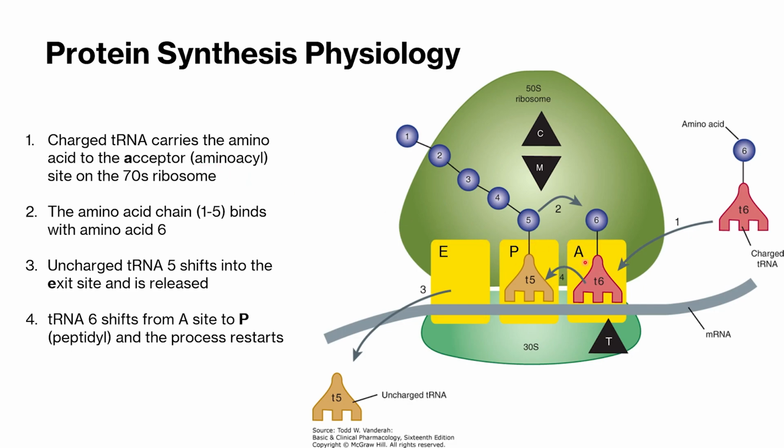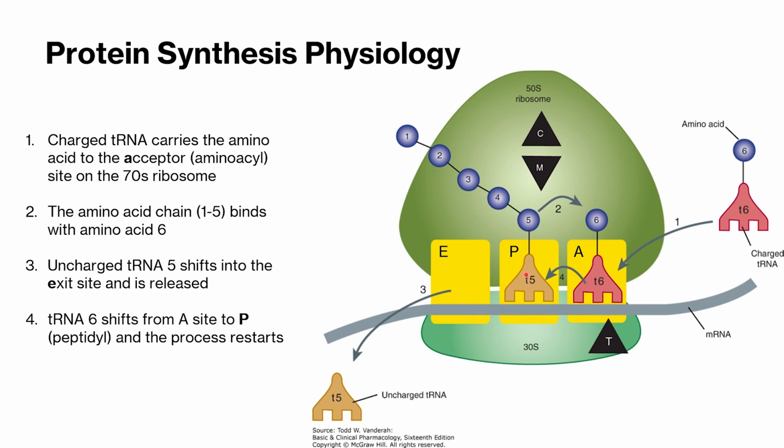So this is the A site right here. This tRNA goes down and plugs in right there, okay? On step 2, this little chain kind of swaps over and forms a connection right there. The amino acids group together and they continue to form the chain.